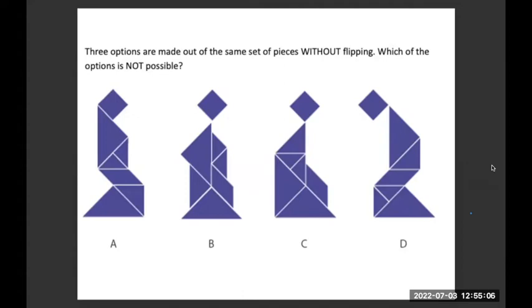Okay, first question, what is not possible here? Can anybody tell me if there is anything wrong with the rhombus in any option?